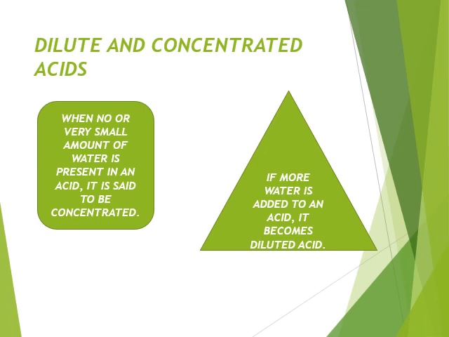Now let's take the example of organic acid. For example, it is also possible to form concentrated citric acid by dissolving more of the compound which is available in a solid form in a given amount of water, and dilute citric acid by dissolving less of the compound in the same amount of water.